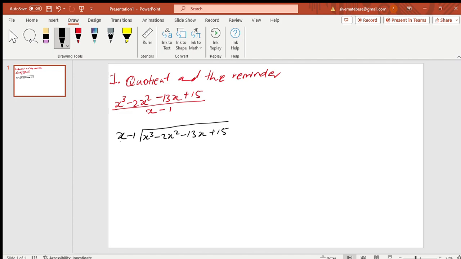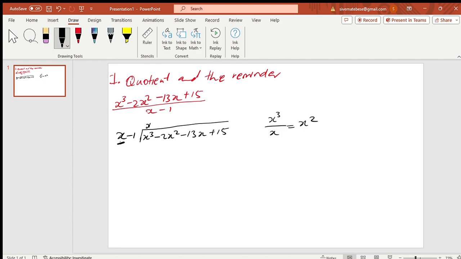We take x raised to 3 and divide it by the x of the divisor. So we're getting x squared.